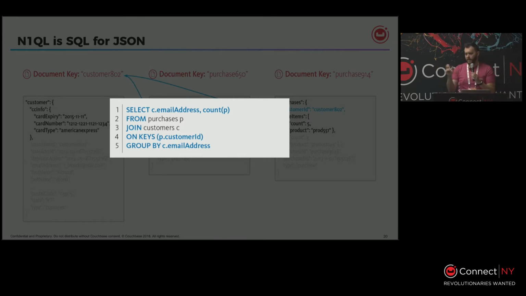That value is the document ID in our customers bucket. And we're going to group those results by the email address. This query would make perfect sense to anyone coming from a relational world, but we're actually operating on JSON.